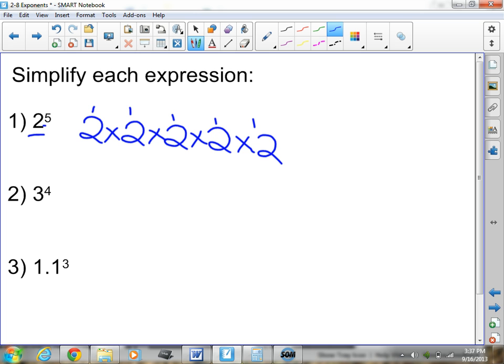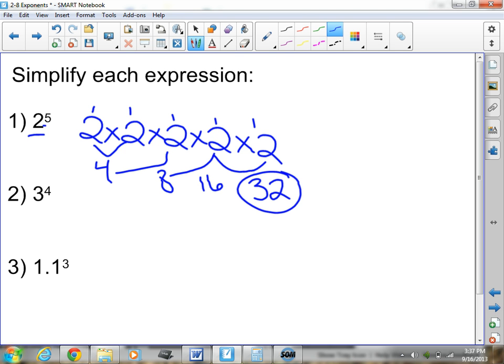So I have my 5 2's. So I need to take 2 times 2, which is 4. 4 times 2 is 8. 8 times 2 is 16. 16 times 2 is 32. So that means 2 to the 5th power is 32.